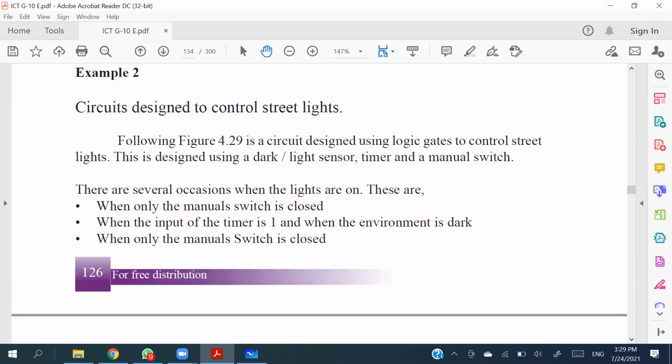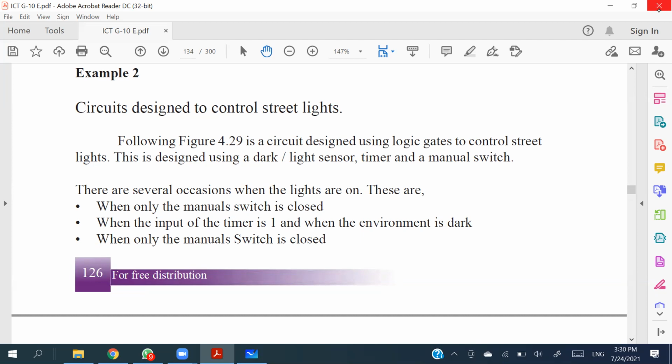So the second one is the circuit designed to control street lights. It says the following figure 4.29 is a circuit designed using logic gates to control a street light. This is designed using a dark light sensor, timer, and the manual switch.